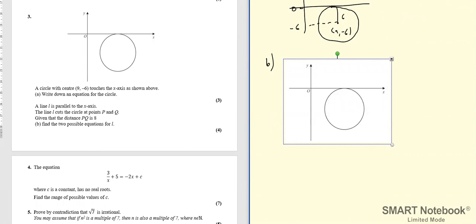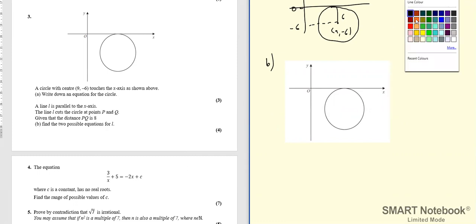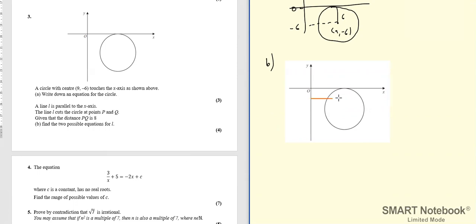So if I draw maybe a red line, I could have drawn a line here because it's parallel to the x-axis. What we are told is that this could have been P and Q, and that distance there was 8.